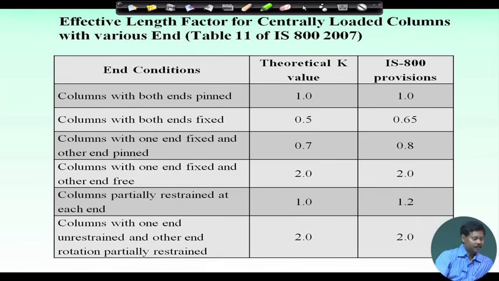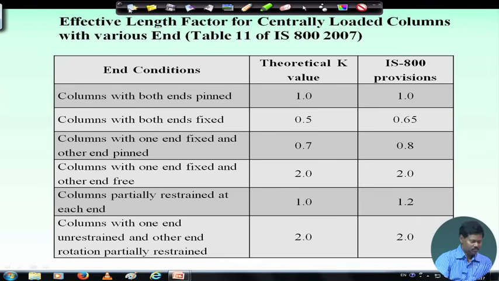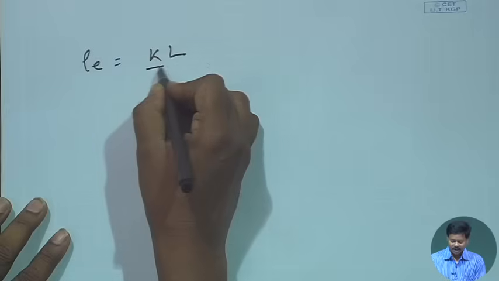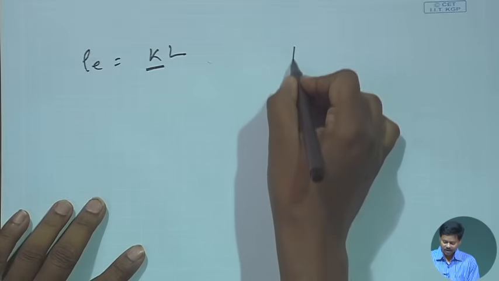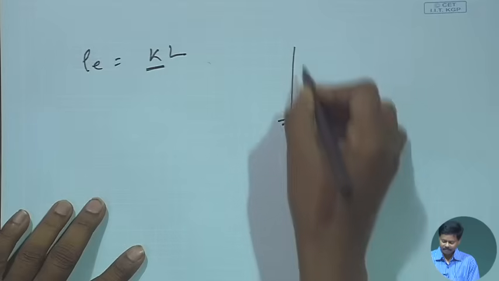Then we will come to the effective length factor. Effective length factor means, as we have written, the effective length LE is equal to K into L, where K is the effective length factor. Now, this K depends on the restraint condition of the member.